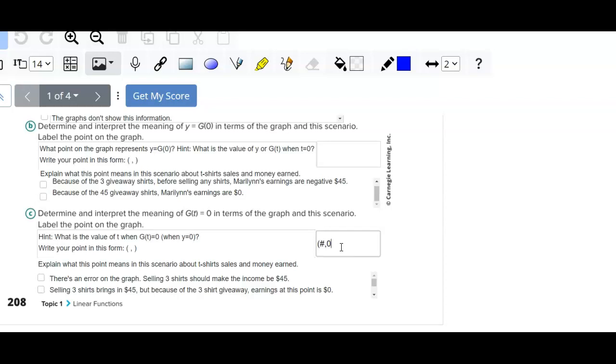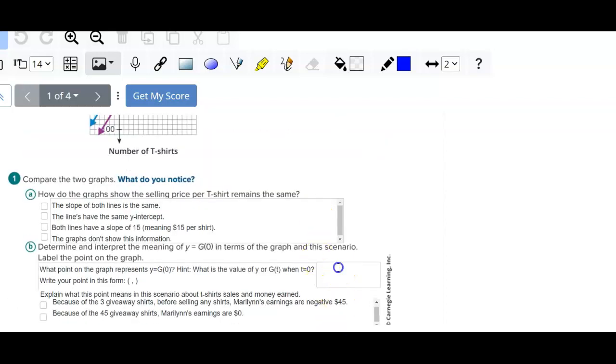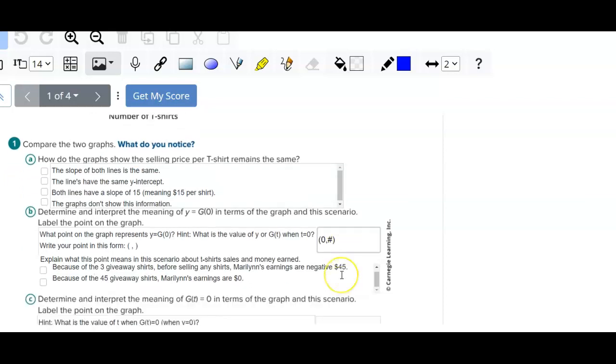When y was 0, what was x? Or when g of t is 0, what was your t? Just like up here in B, we said when t is 0, you put in a number for g of t.